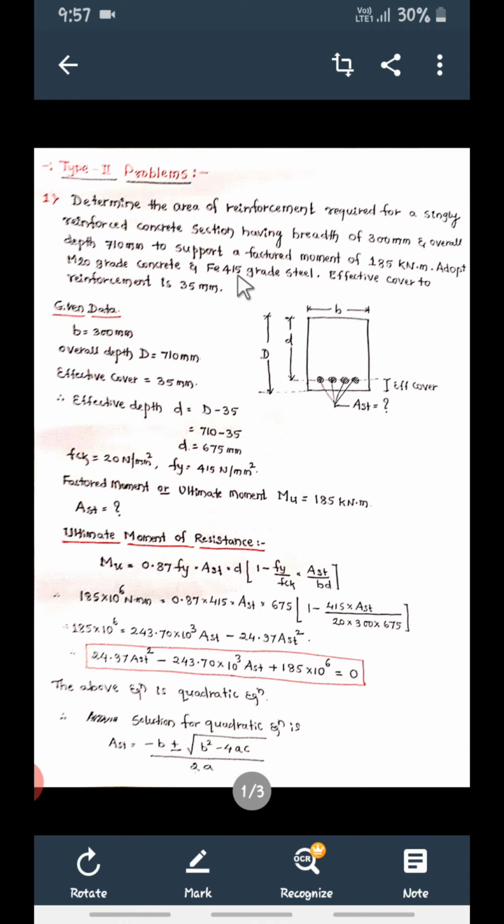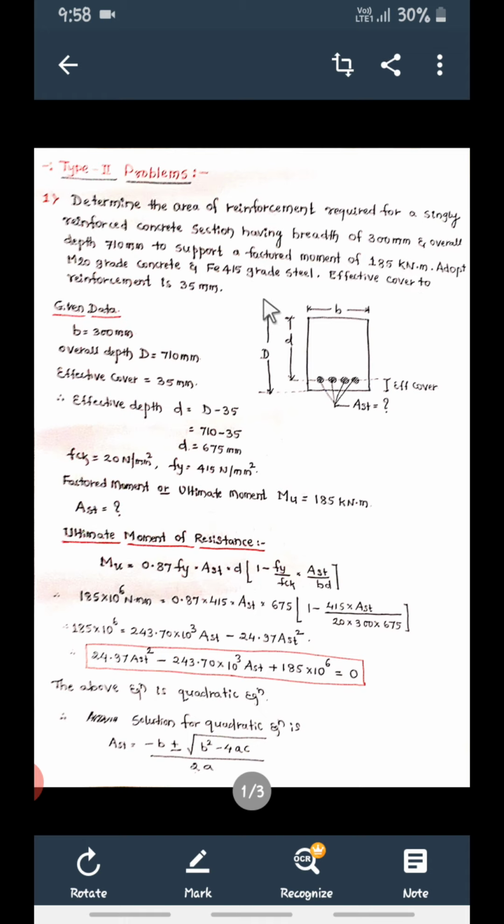The size of the beam is given here: B is 300 mm, and overall depth, capital D, is 710 mm. This beam is to support a factored moment, that is MU, of 185 kilonewton meter.